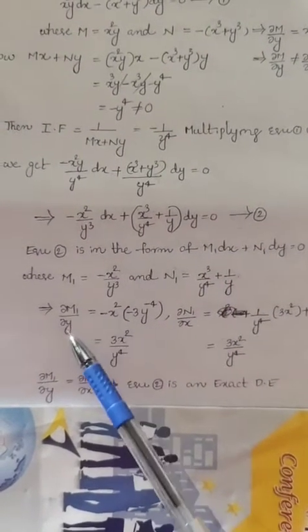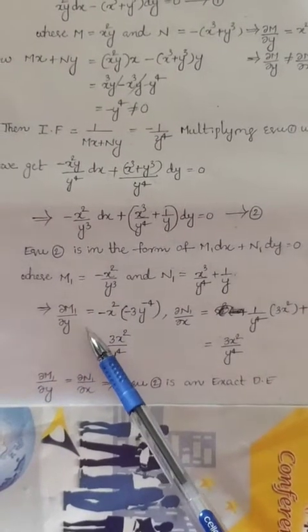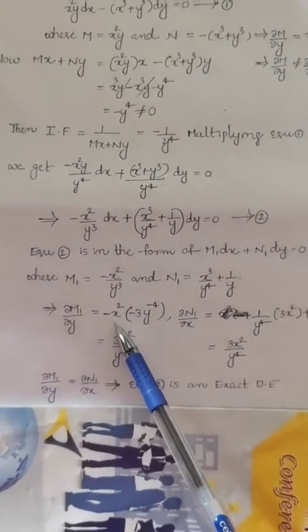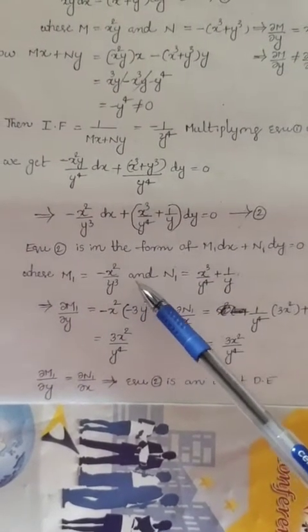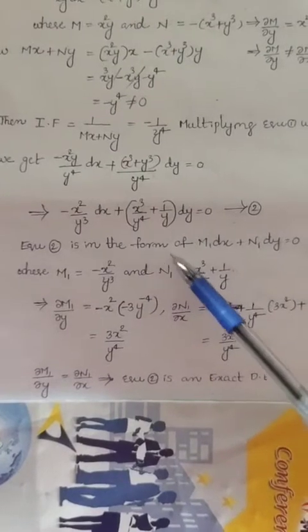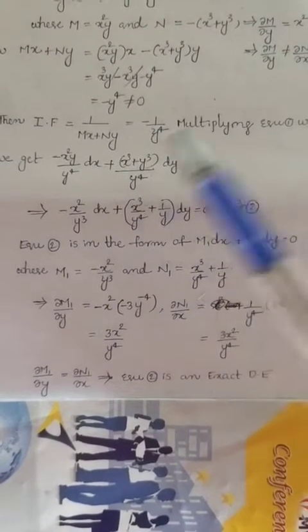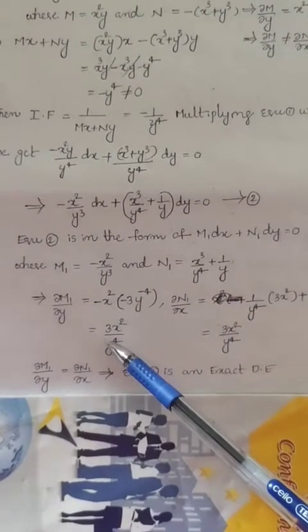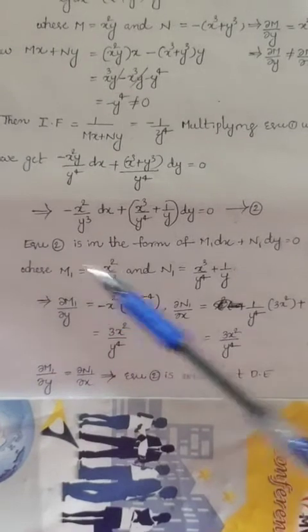Dou M1 by dou y: differentiating with respect to y, minus x square is constant, and 1 by y cube can be written as y power minus 3. Differentiation of y power minus 3 is minus 3 into y power minus 4. So minus into minus, plus 3x square by y power 4. This is dou M1 by dou y value.